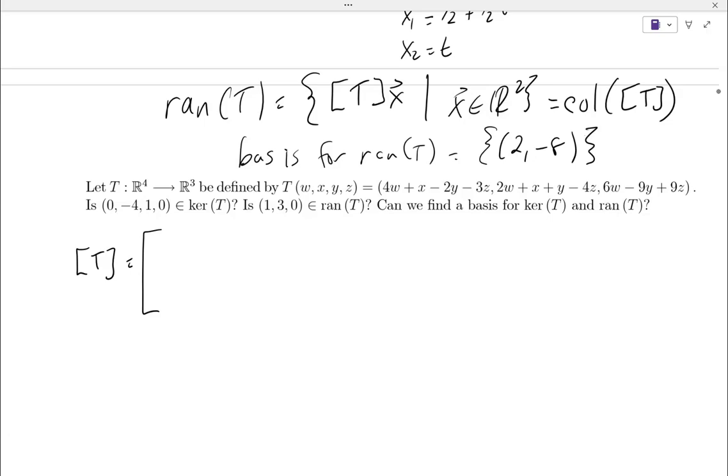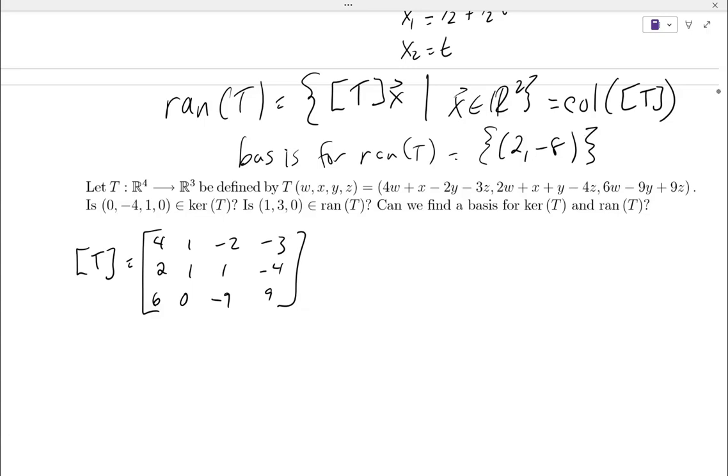So 4, 1, -2, -3 for the first row, 2, 1, 1, -4 for the second row, 6, 0, -9, 9 for the third row, right?